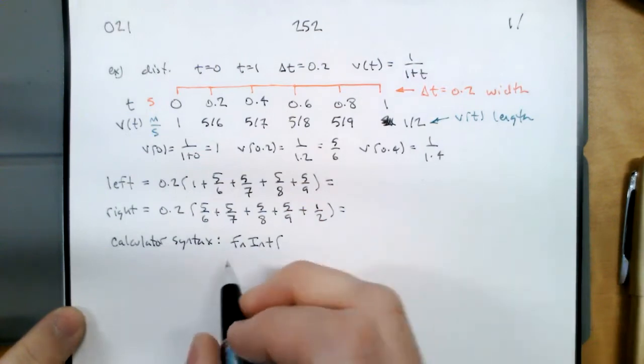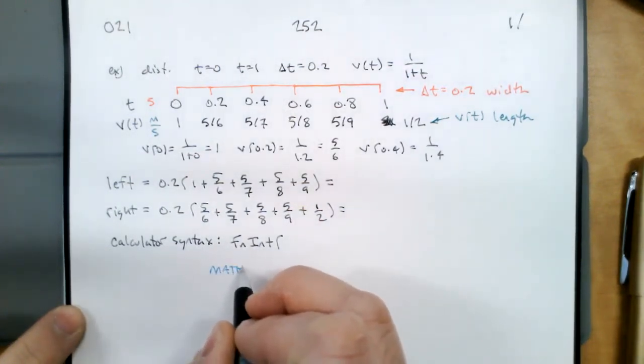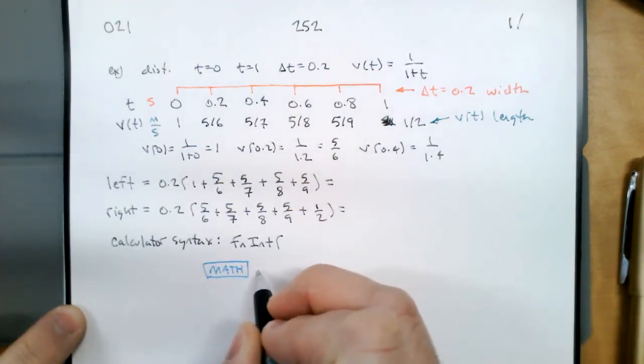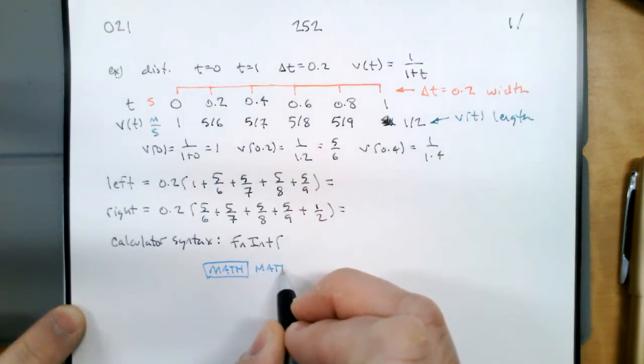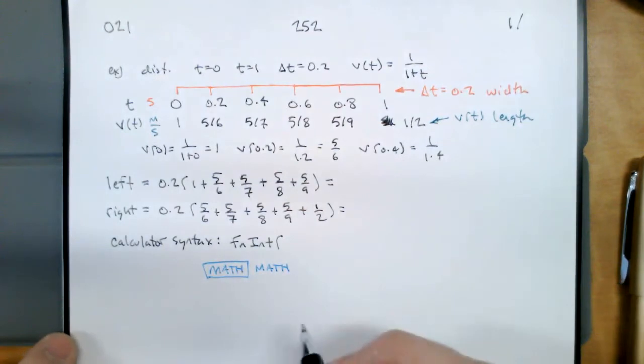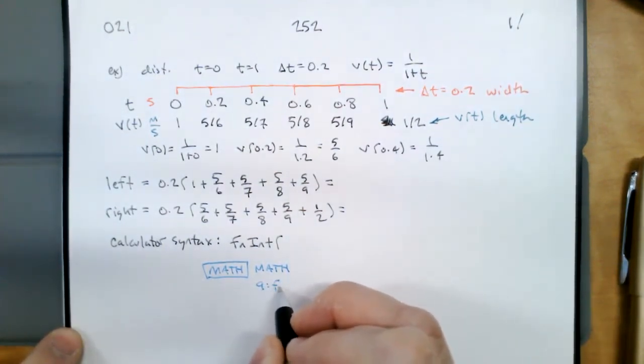So that's under the math button. I think it's 9. FN integral.